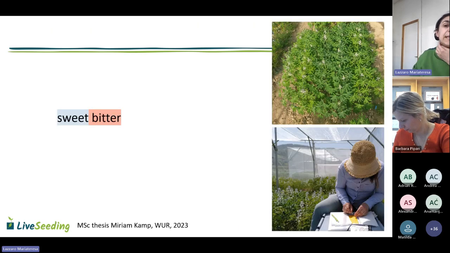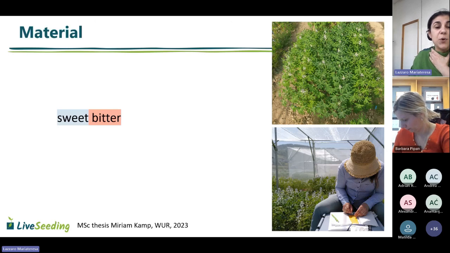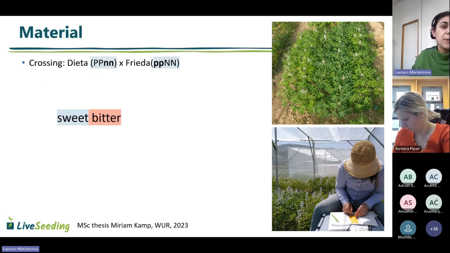The material that we used is a segregating population from our breeding program, a crossing between pauper, you see here sweet recessive small p, and dieta, which is also a modern variety, sweet for an unknown determinant.